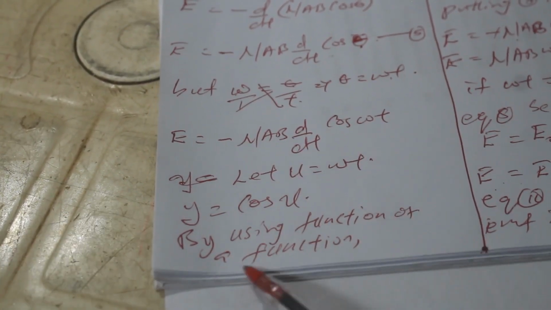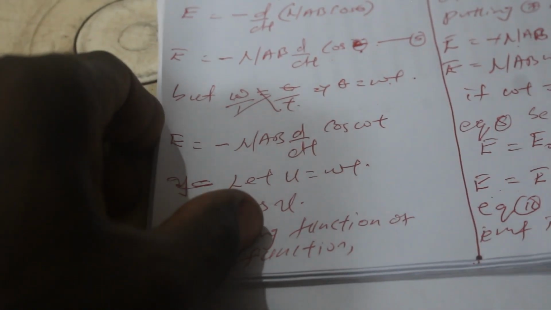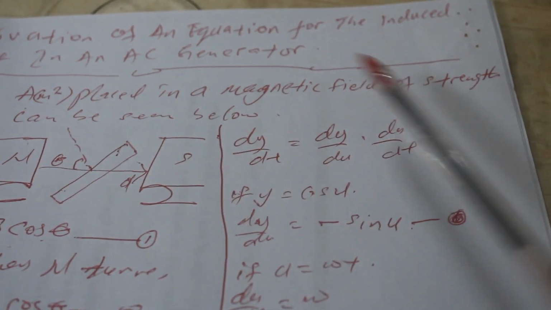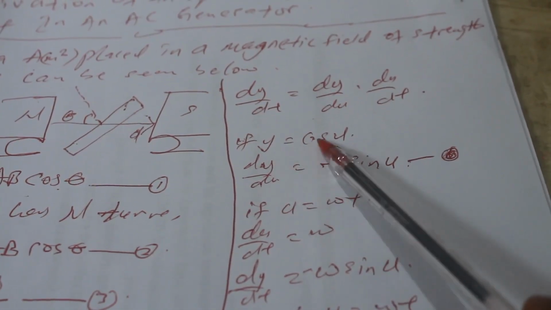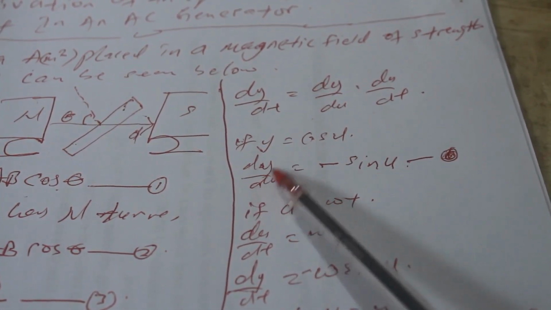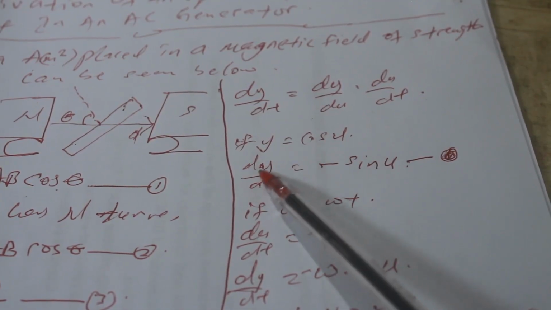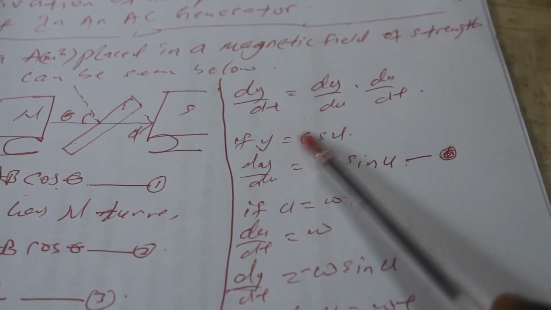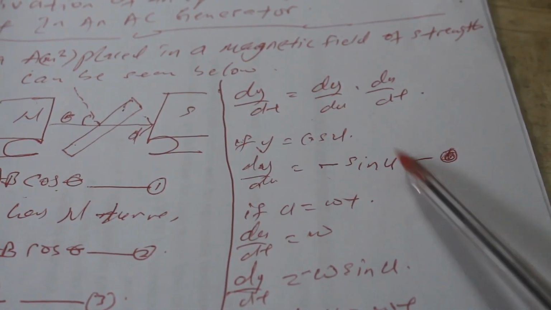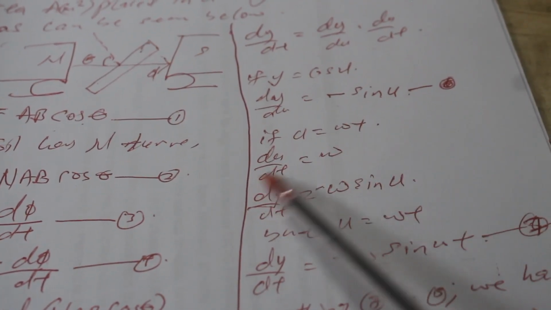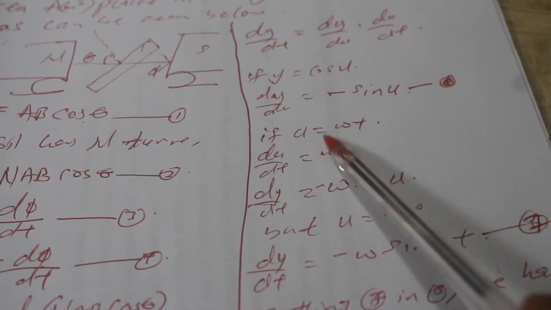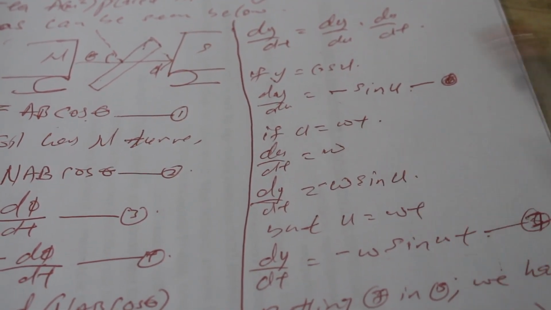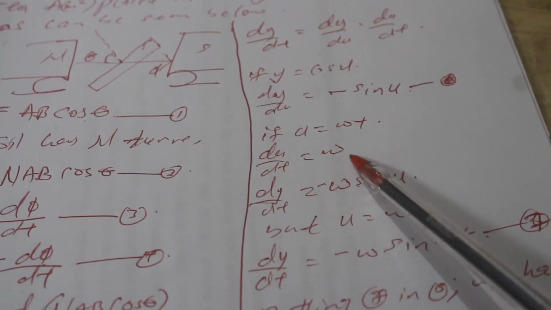Now, by using the function of a function rule to differentiate this equation, we have dy/dt equals dy/du times du/dt. If y equals cos u, then dy/du, when you differentiate it, is minus sine u. And if u is equal to omega t, then du/dt, when you differentiate with respect to t, the t goes off, so we have omega.